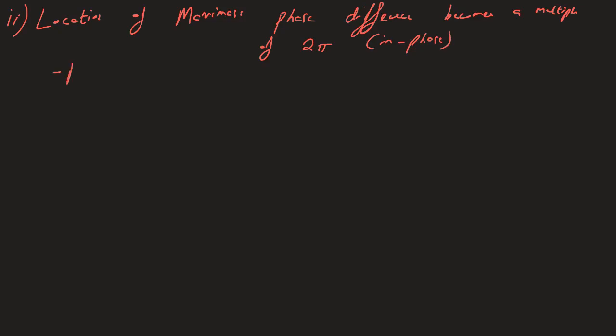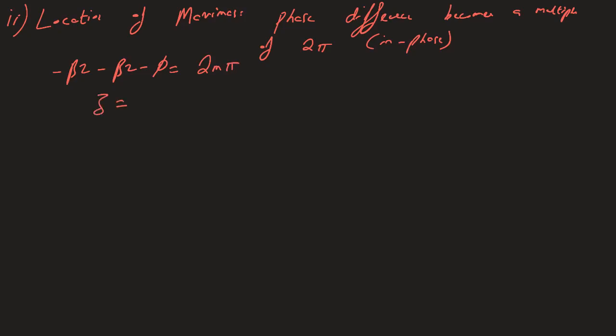So the maxima occur when the phase difference becomes a multiple of 2 pi, right? When they're in phase. When the left and right traveling waves are in phase, obviously. So then minus beta z minus phi becomes equal to 2m pi, right?